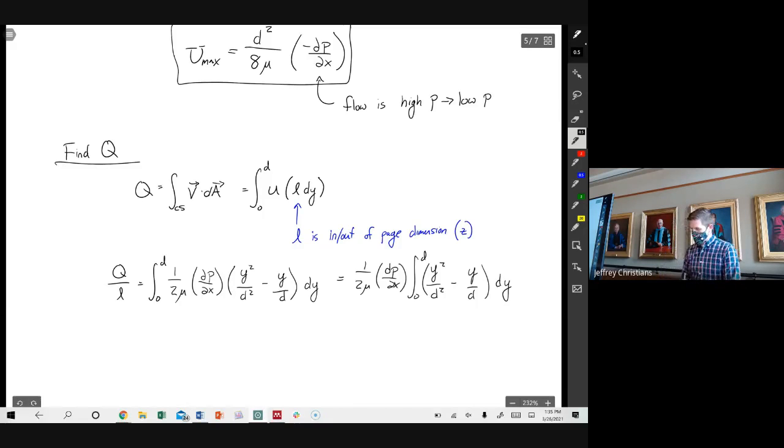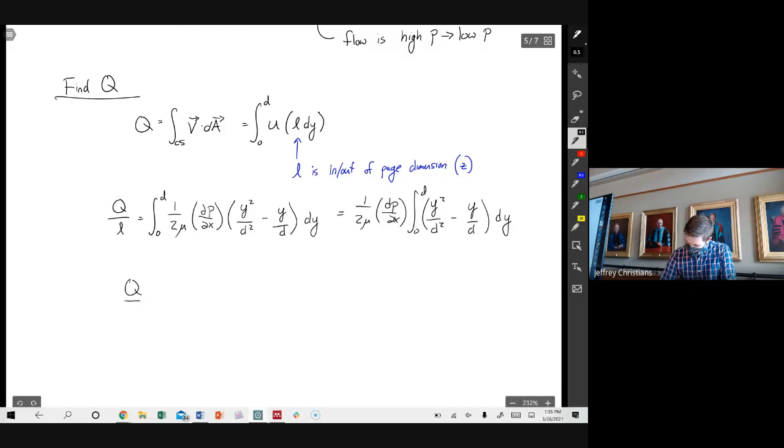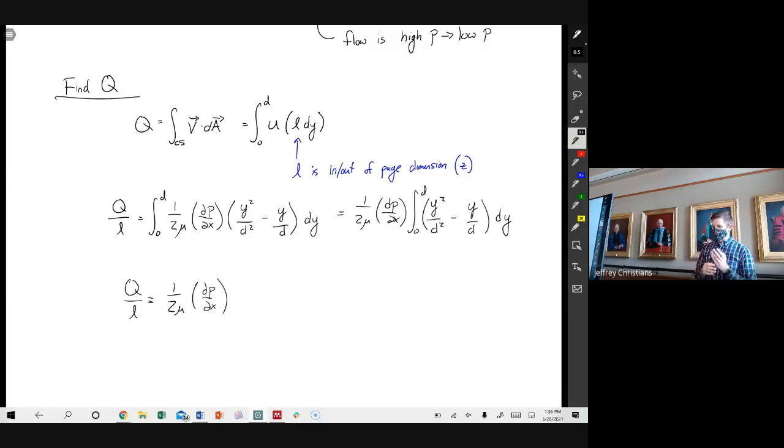The integral of y squared, we'll rewrite this, 1 over 2 mu dp dx. Okay, so rewrite our constants. The integral of y squared is y cubed over 3, so this is y cubed over 3d squared for that first term.